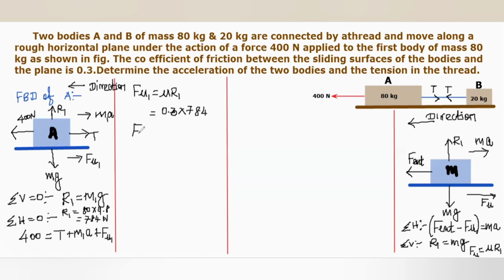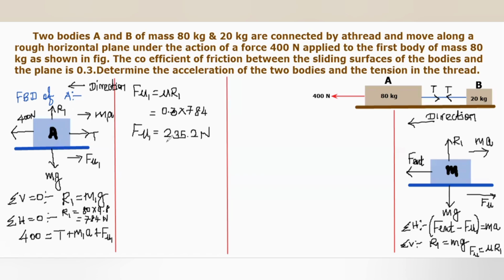So we will get the frictional force acting between the object A and the rough horizontal plane, equal to 235.2 Newton.